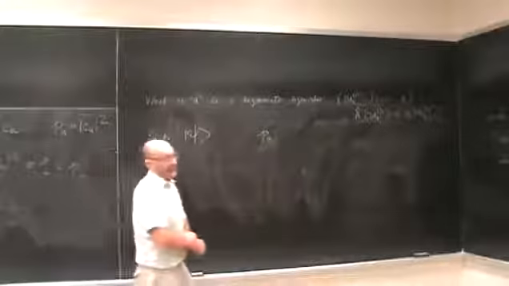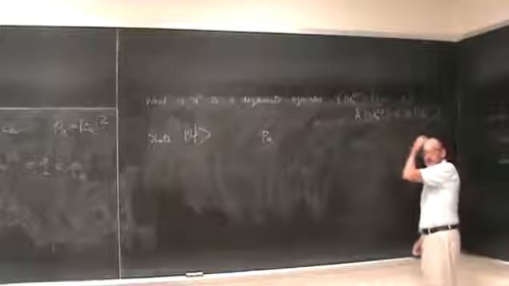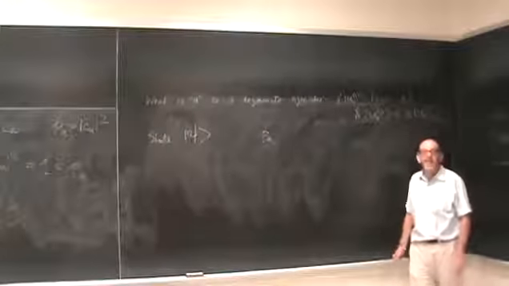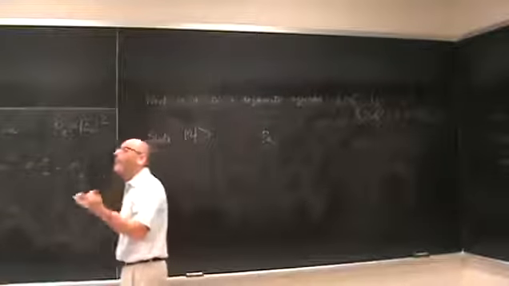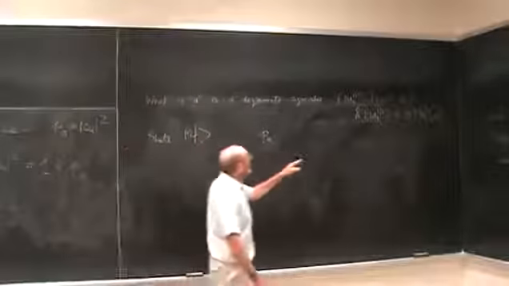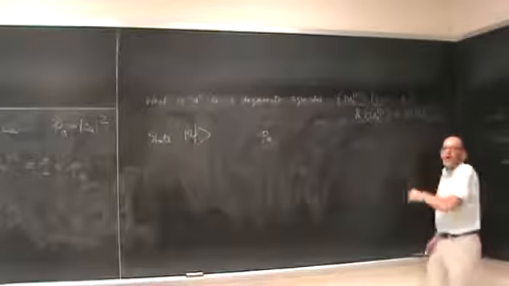It depends on what the measuring device does. If I have degenerate eigenvectors, it means that there are actually other quantum numbers, other mutually commuting observables that I would need to completely specify which one of these vectors in this degenerate set I'm talking about.